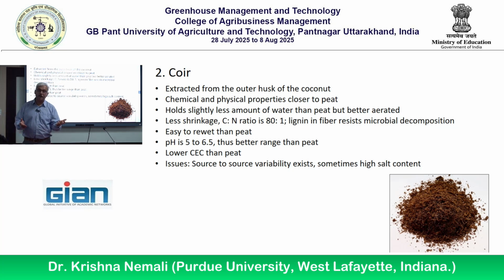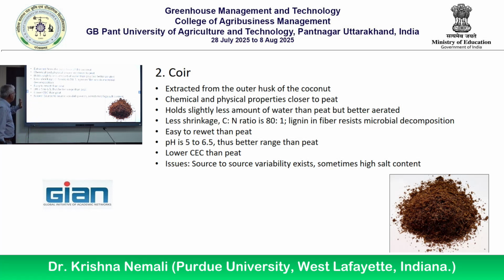If you have high carbon and less nitrogen, nitrogen gets immobilized, that's a problem. But if you have less carbon and more nitrogen, then the media can shrink. That problem is not there in coir. Coir media will not shrink, but peat moss can shrink. When media shrinks, it loses water holding capacity, nutrient retention, and also aeration. All those things will go down as the media becomes smaller.